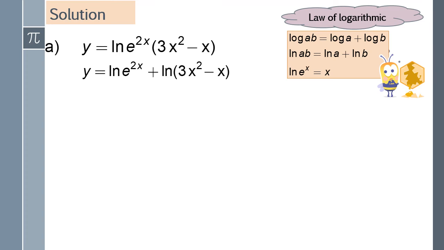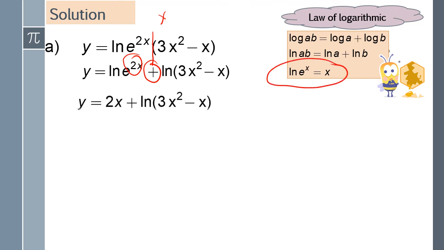For this question, we split this one, then this one is multiplied, then we change to plus here using law of logarithm. Then we have ln e^x here, we change to this formula, ln e^x is equal to x, until we get y is equal to 2x plus ln 3x squared minus x.